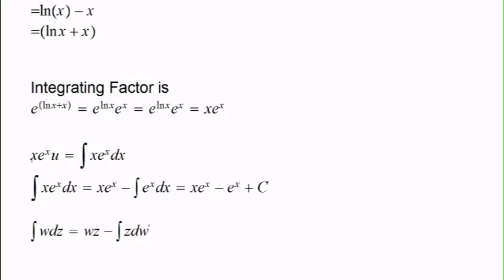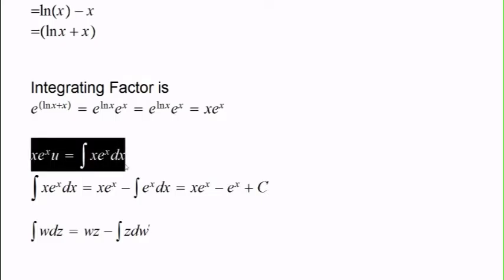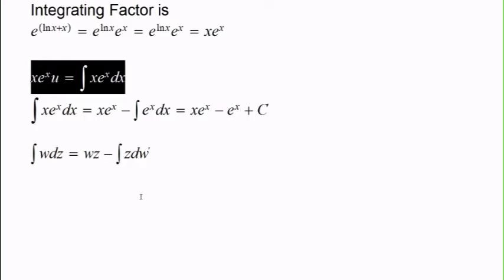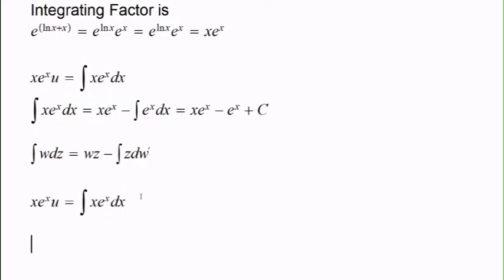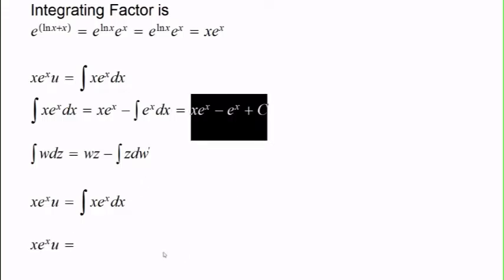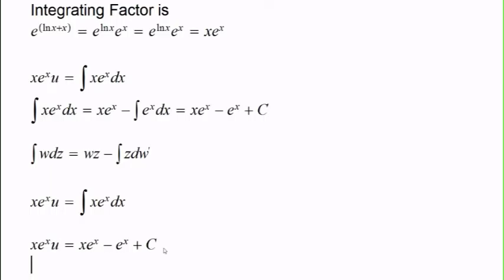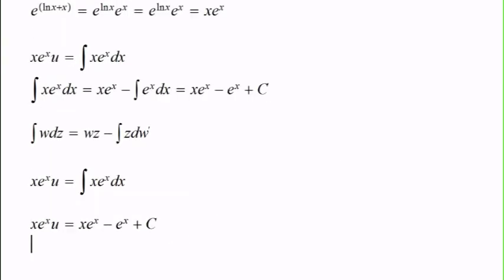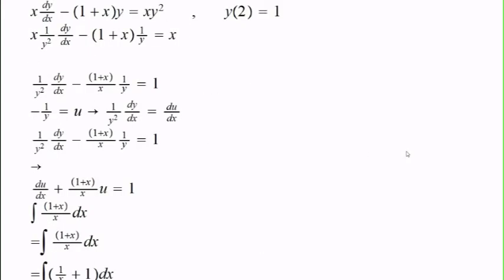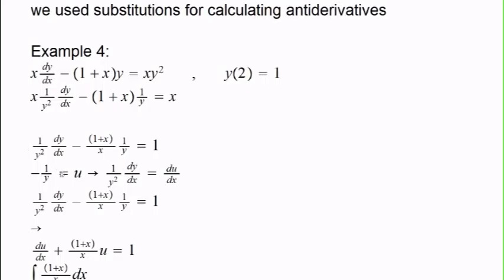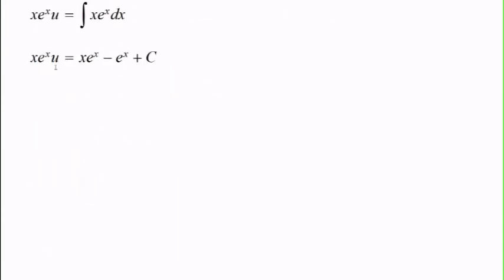So what is our solution then? I'm going to copy this again so that I don't repeat the earlier mistake. So what do we have then? We got this here, equal to this. Now if we write our u back, who was our u? u was -1 over y, right?